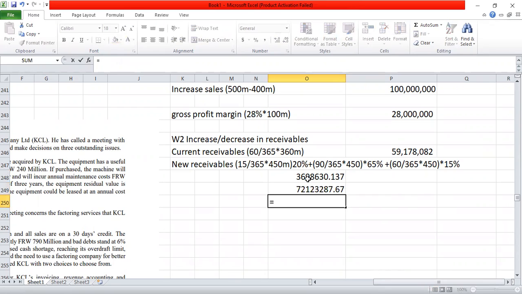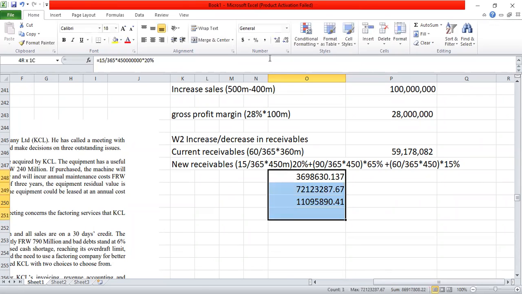Then we have 60 over 365 times 450, then times 15%.